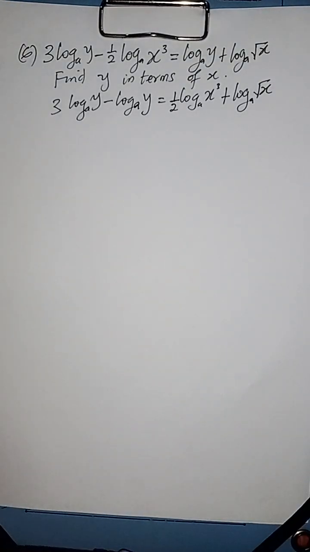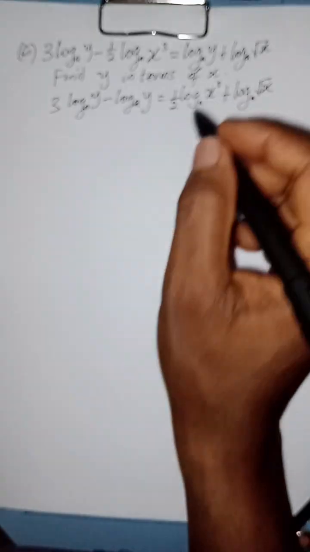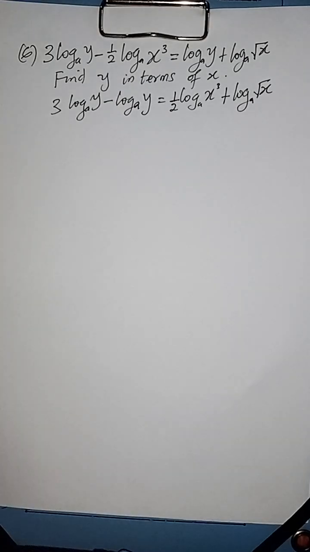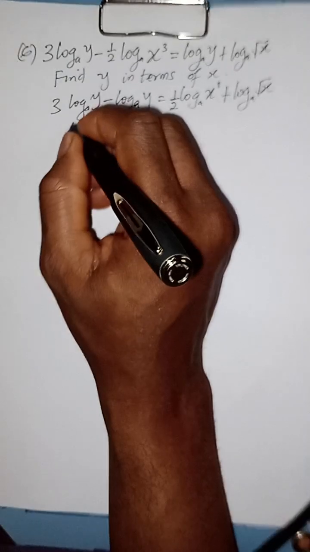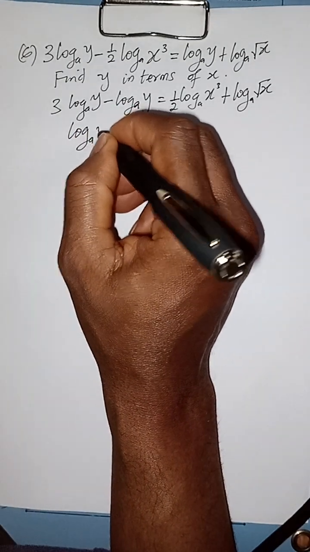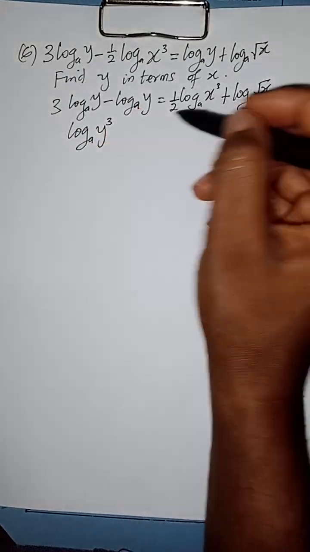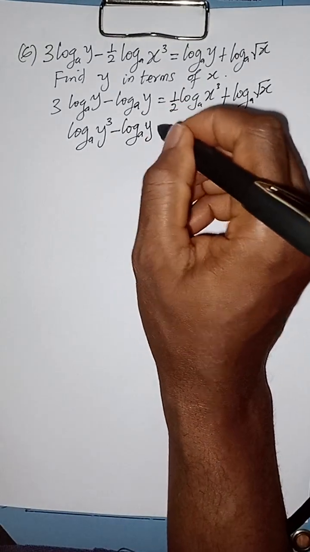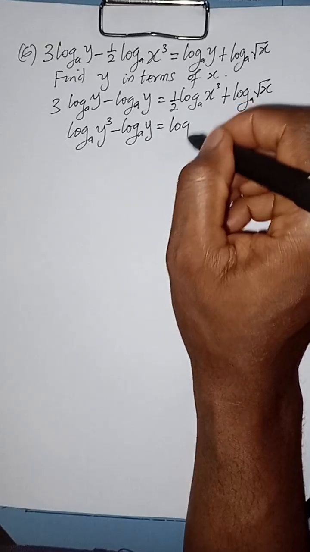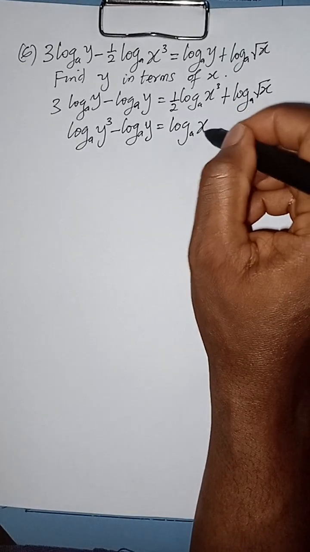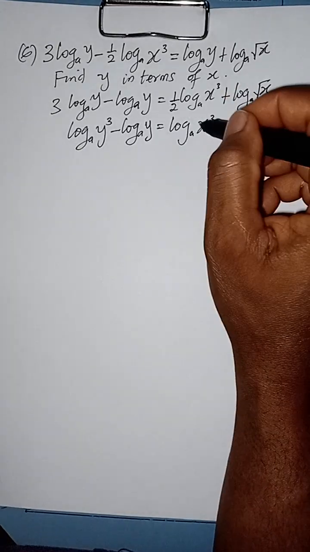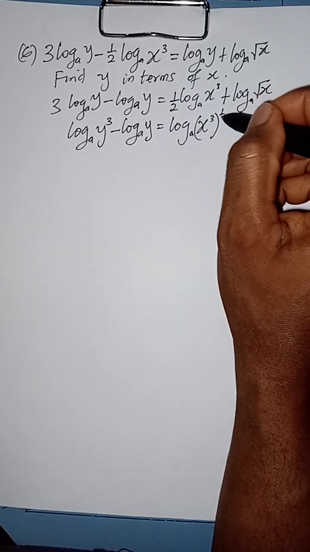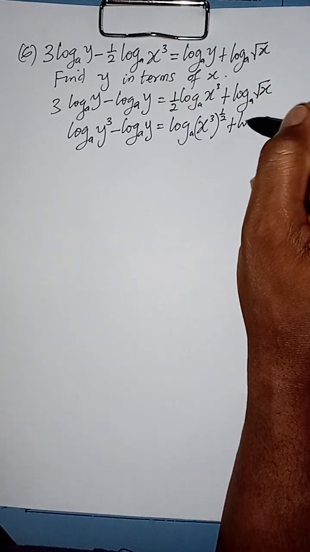Very important. Then you follow the normal procedure, remove all the coefficients of the log from its side. So this becomes log y raised to power 3 minus log y equal to log x raised to power 3, now the half in brackets raised to power 1 over 2, plus a log.